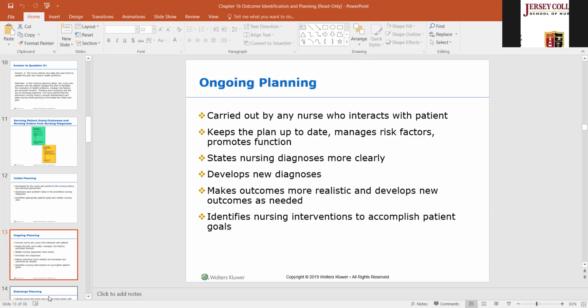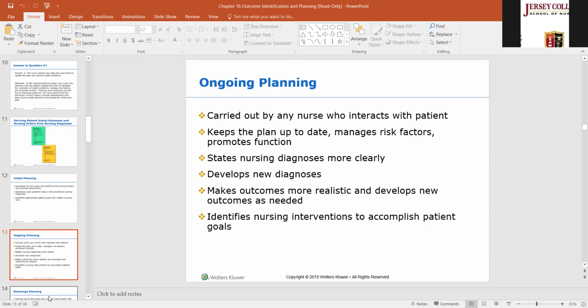And so I would write it: Patient will verbalize an understanding of remaining NPO until after the swallowing study within 2 hours of admission. Now I have a time frame. I have something I can go back and look at. Did my patient actually meet this goal?